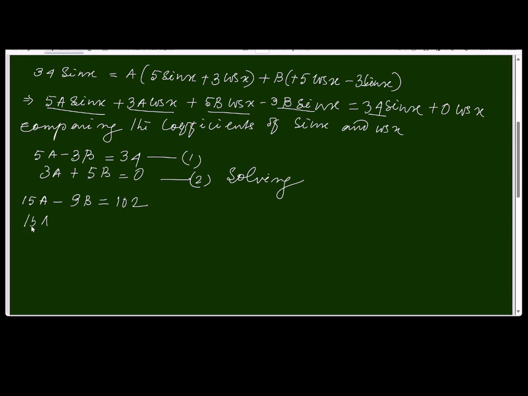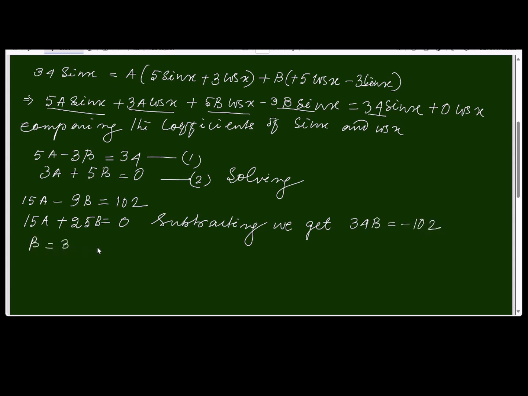So it will be 15a plus 25b equals 0. Subtracting, we get 34b equals negative 102. So b equals negative 3.